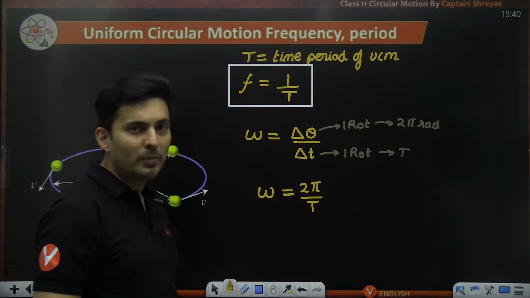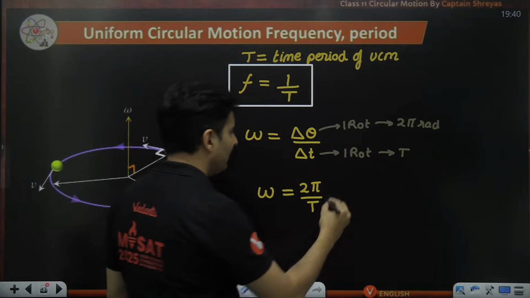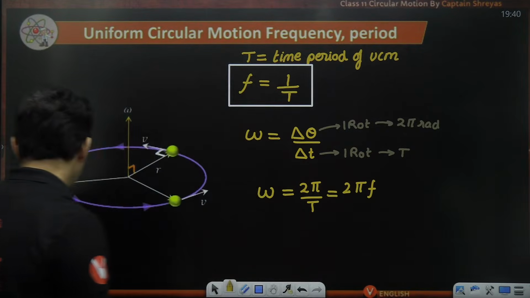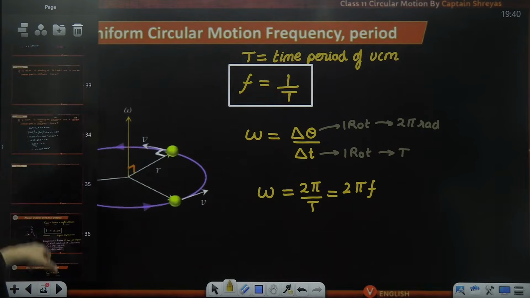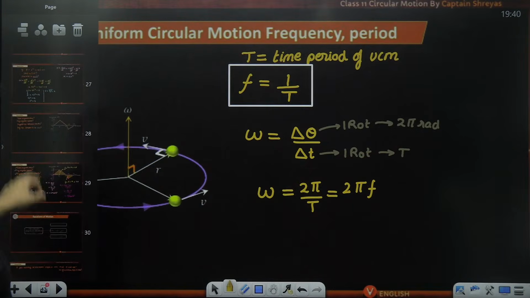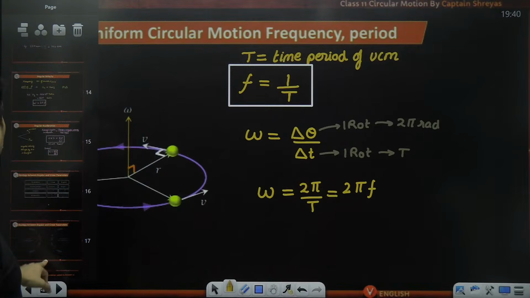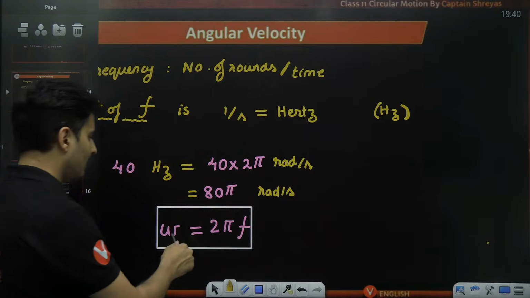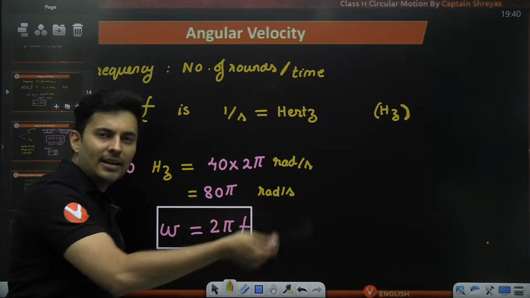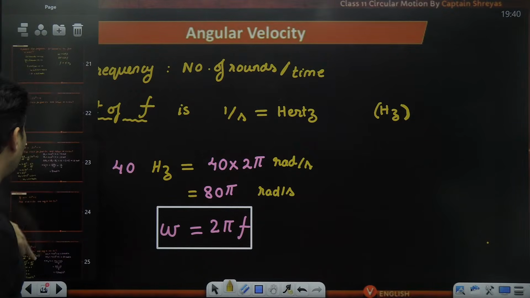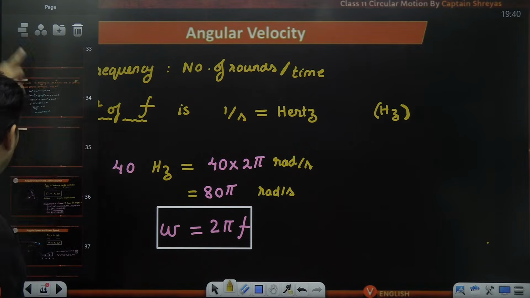So omega is 2 pi by T, but also 1 by T is f. Hence, it is also 2 pi f. The same thing I had given you over here also. Omega is 2 pi f. I'm just adding one extra thing, which is 2 pi by time period, which is also very, very important.